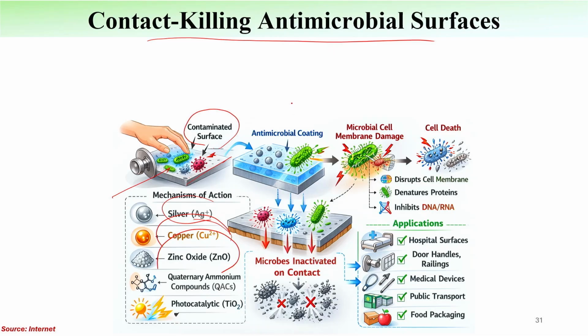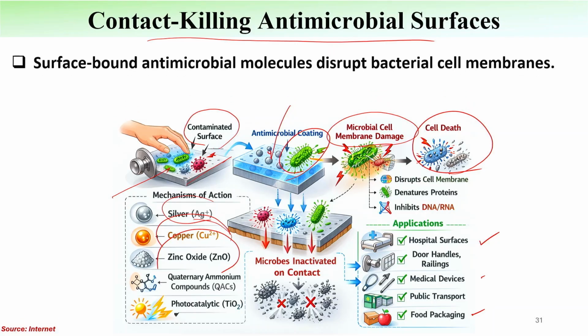Now, the antimicrobial coating is created at the outer surface. When any microbes like bacteria come into contact, the microbial cell membrane will get damaged, then cell death will take place. The applications are hospital surfaces and different public places, medical devices, even food packaging. We can use this type of contact killing antimicrobial surfaces.